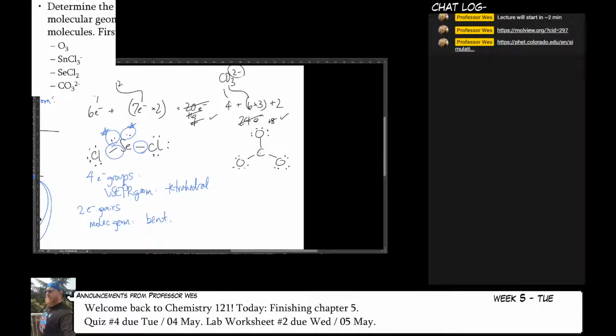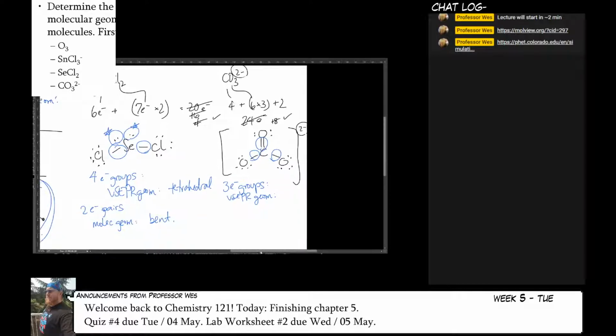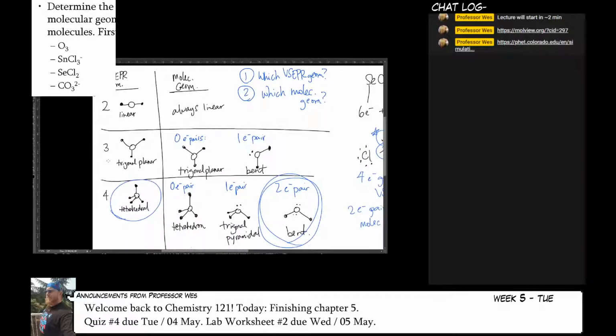I don't have an octet around the carbon in the middle, so I need to move 1 pair. There we go. Let's count the electron groups. 1, 2, 3. All right, if I have 3 electron groups, what's my VSEPR geometry? Here's 3.